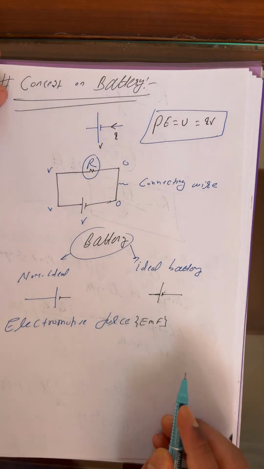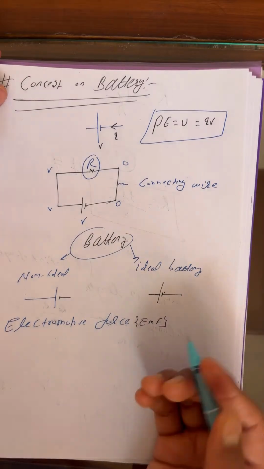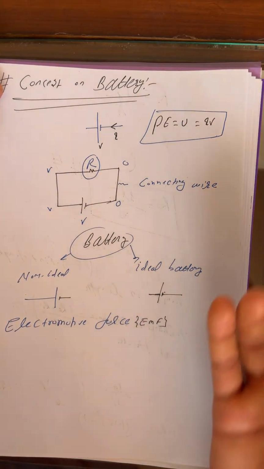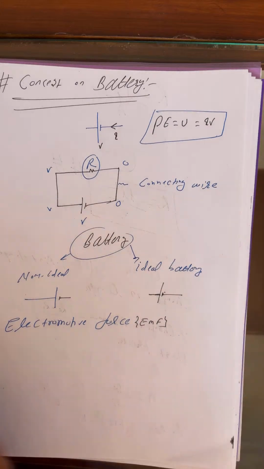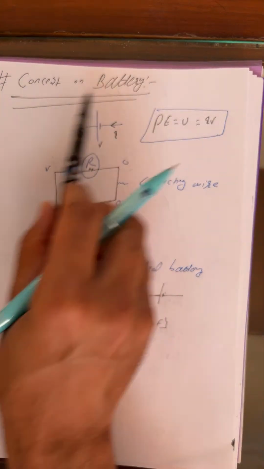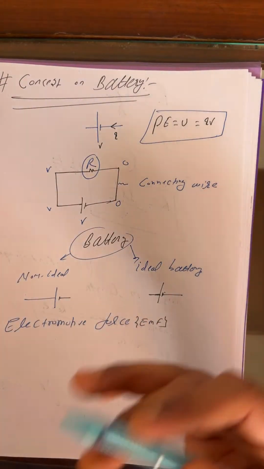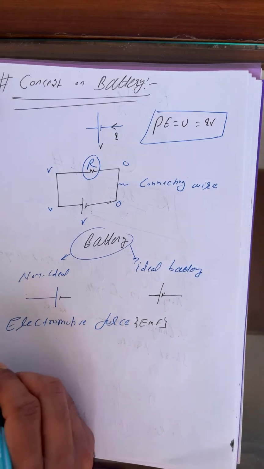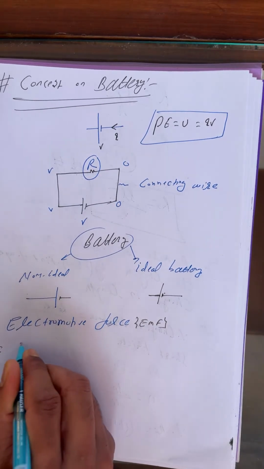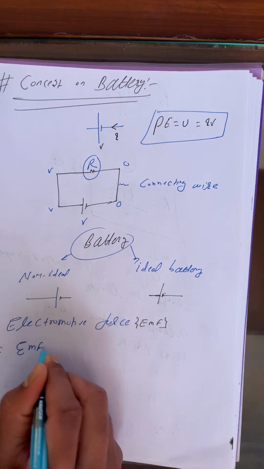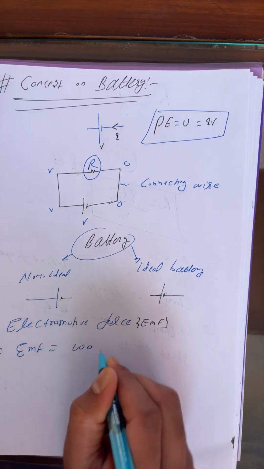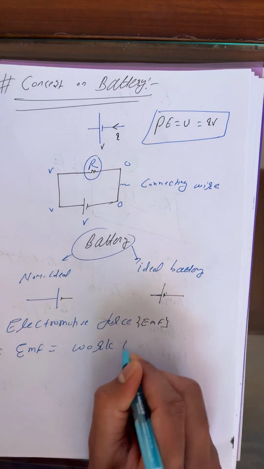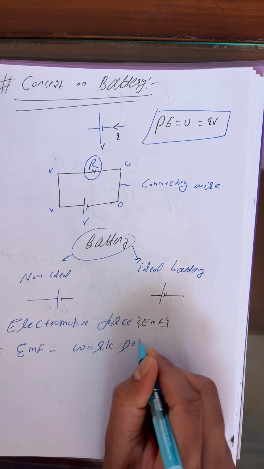So what I can write here is that the battery is converting chemical energy into electrical energy, beta. These are the basic points which you can keep in your mind. You can also write here EMF. EMF is work done per unit charge.